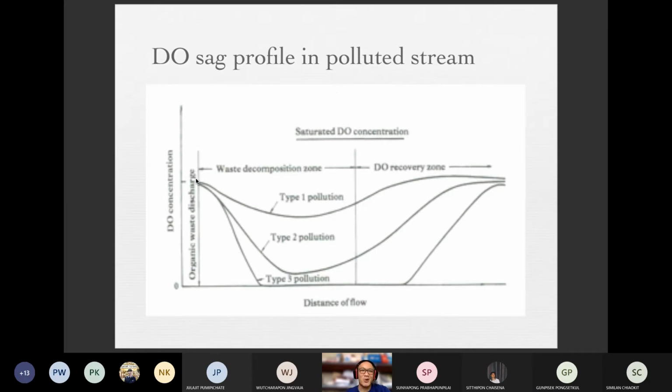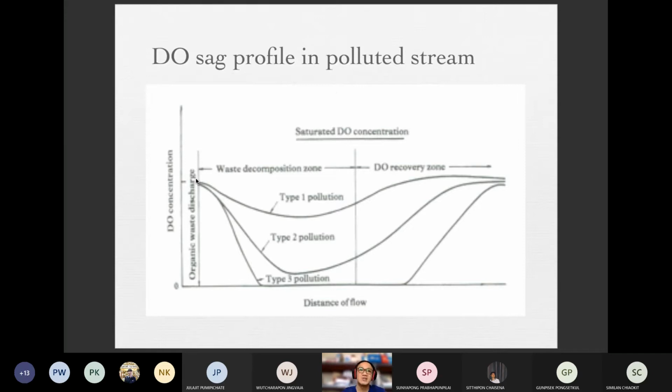Once it gets into the water, what will happen? Some of the organic substance will react or be degraded, and oxygen in the river gets utilized.